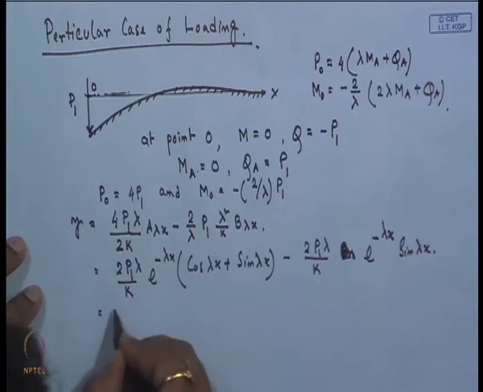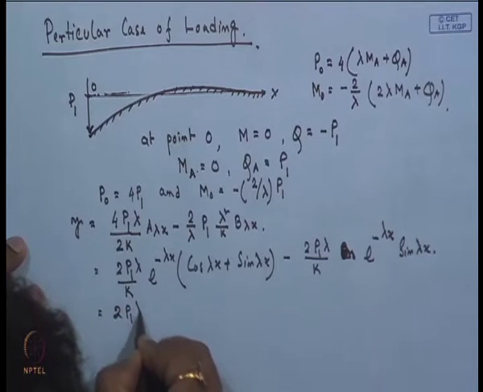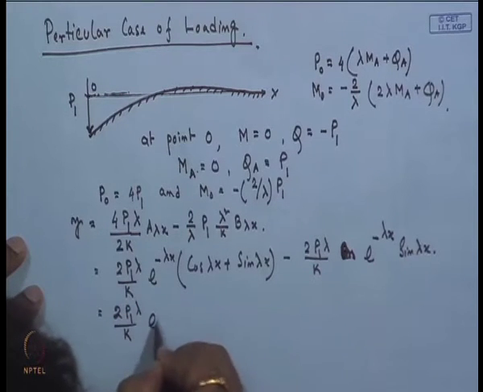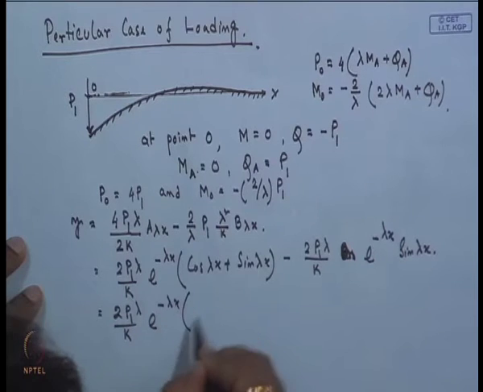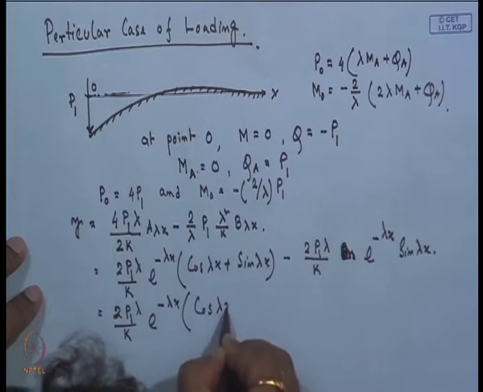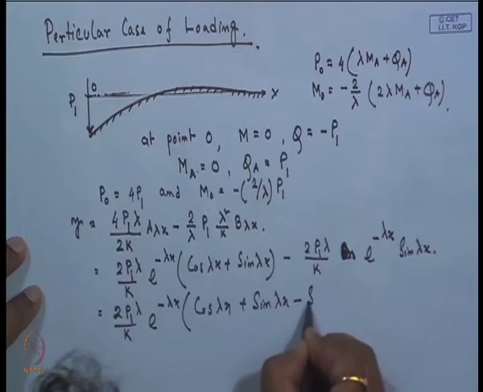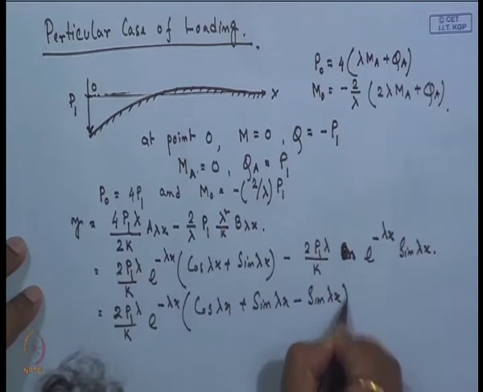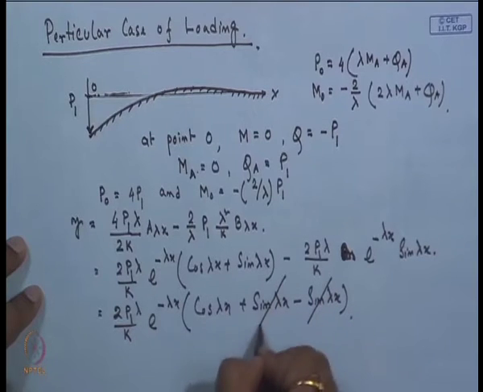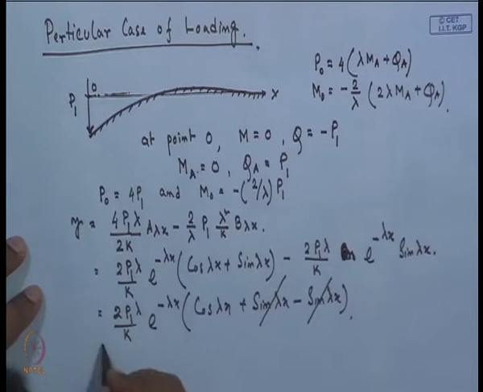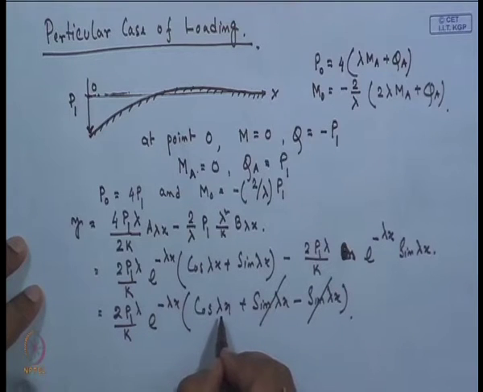So, ultimately if I take common 2 P 1 lambda by k e to the power minus lambda x, this will be cos lambda x plus sin lambda x minus sin lambda x. So, sin lambda x will be cancelled out, and then e to the power minus lambda x into cos lambda x is equal to D lambda x.